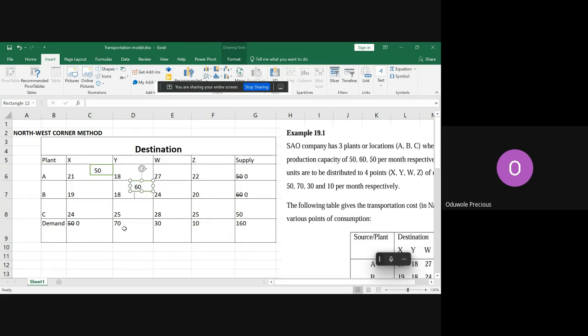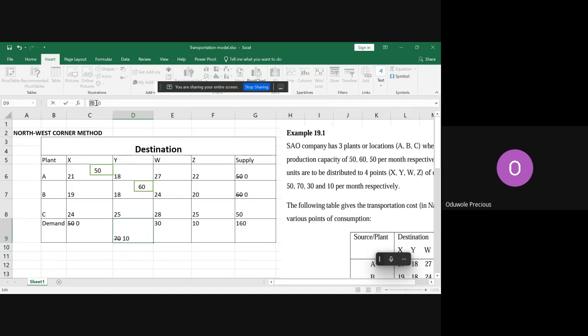Okay. Now we'll come to this place. We have already attended to 60 demand out of 70 demand. So it will remain what? It will remain 10.